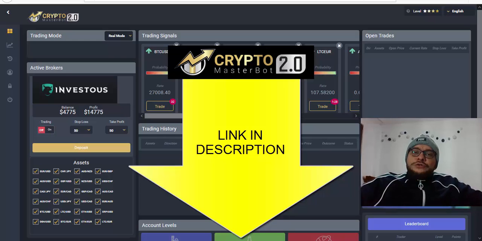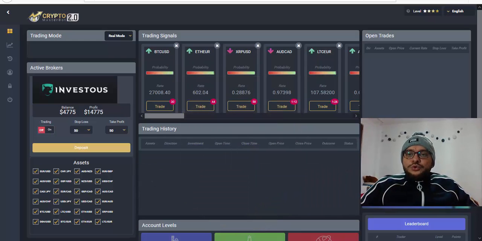And for those of you who don't know what CryptoMaster 2 is, it is an automatic trading software that helps you to place the trades from the signals into your broker account.